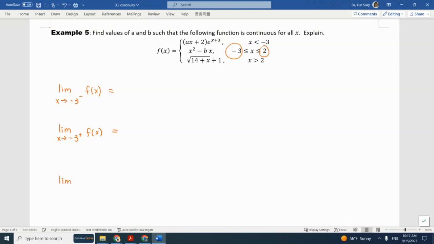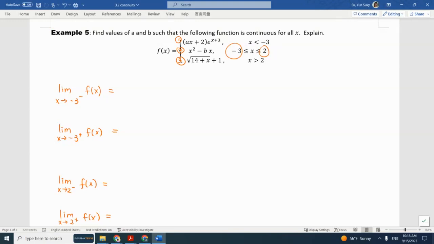And also limit as x goes to 2 from the left, we want to figure out what it is. And the limit as x goes to 2 from the right, we also need to figure out what it is. And here we have 3 formulas. 1, 2, 3.